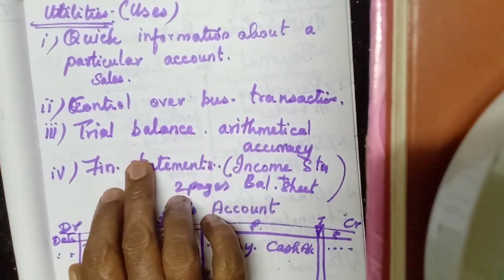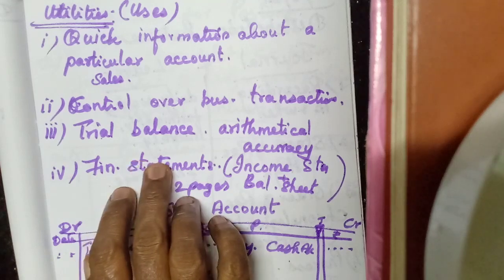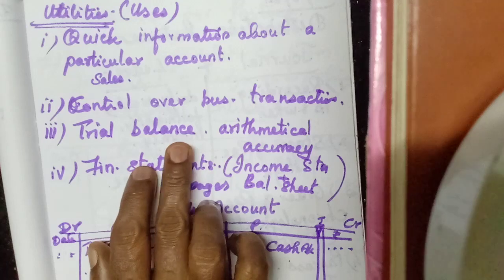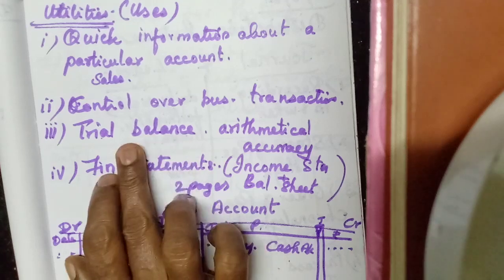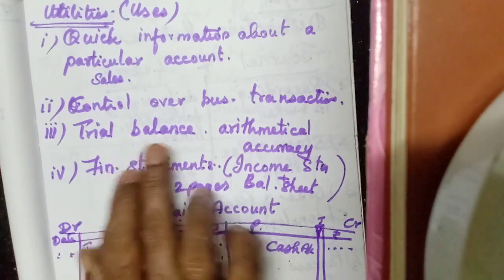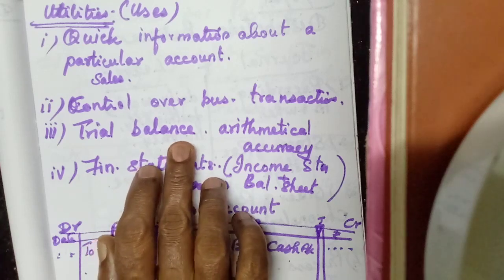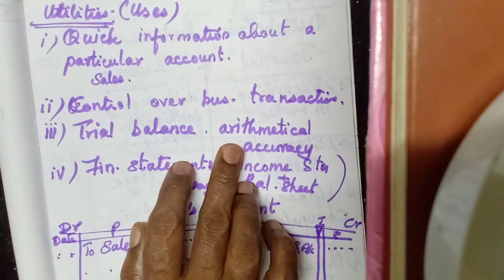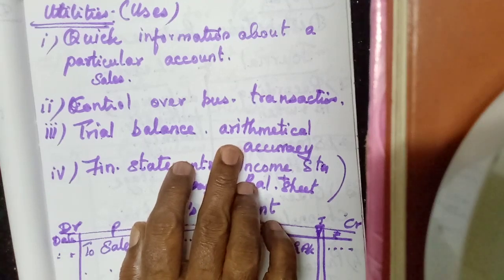Then the trial balance can be prepared. We know the balances of ledger accounts will be summarized in the trial balance. All accounts balance will be written in one place. There, some accounts will be debited and other accounts will be credited.